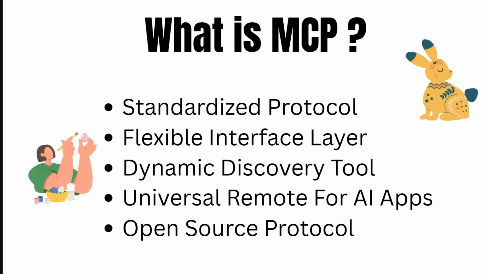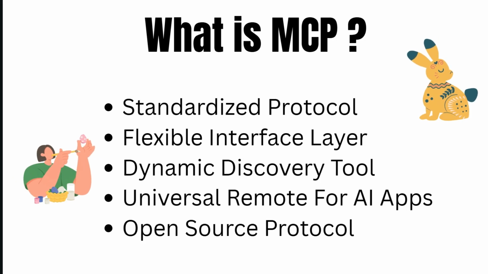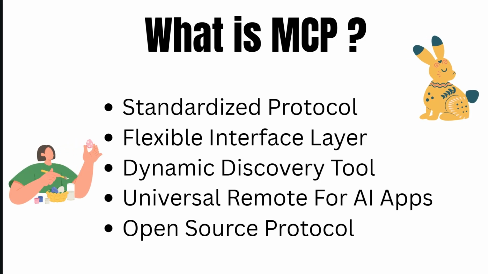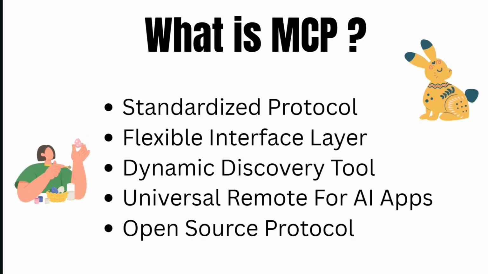For every new tool or data source you want your AI to use, you would have to write more and more custom code for each interface with the external application. It's also called glue code. All right. And this becomes incredibly complex and difficult to maintain as your AI applications grow because you are writing a lot of custom code.